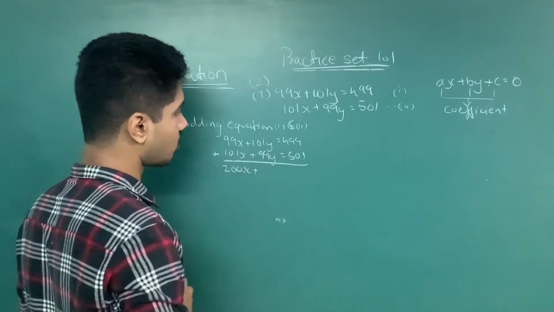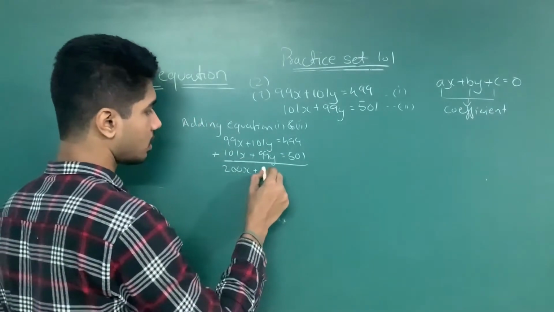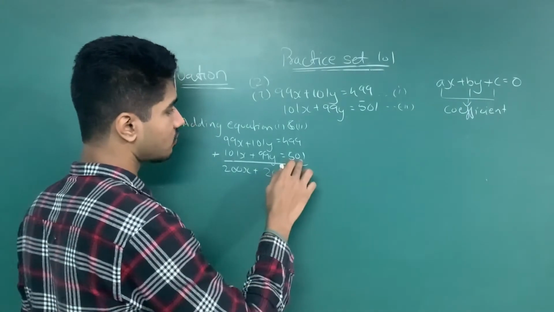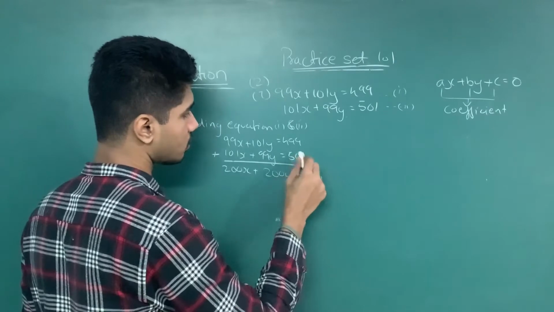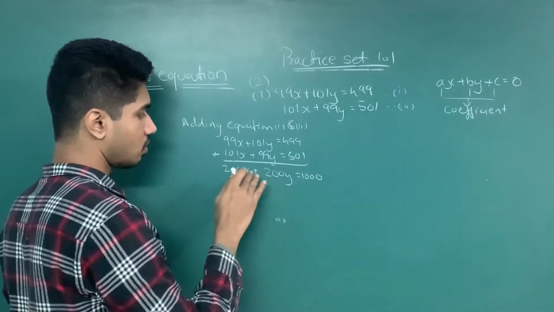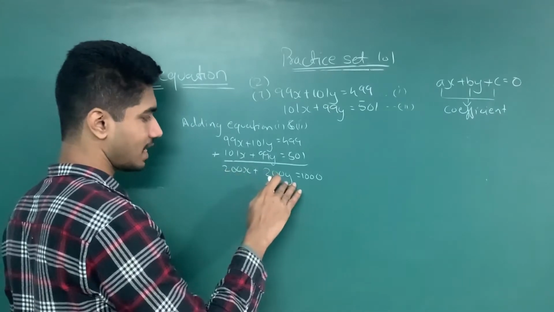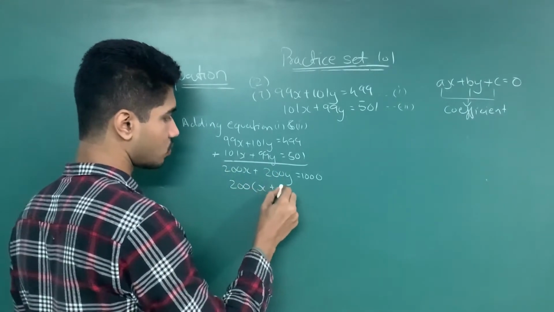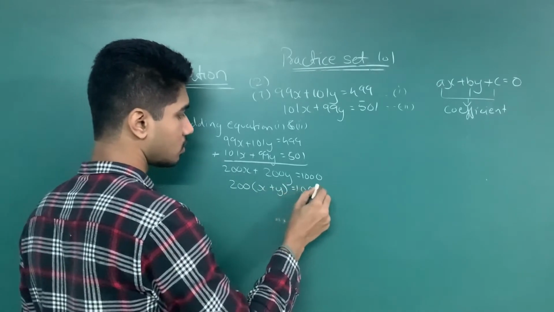Also, 101y plus 99y gives 200y. And 499 plus 501 gives 1000. Now the coefficient of x and y is the same, so you can take it common and get 200 times (x plus y) equal to 1000.